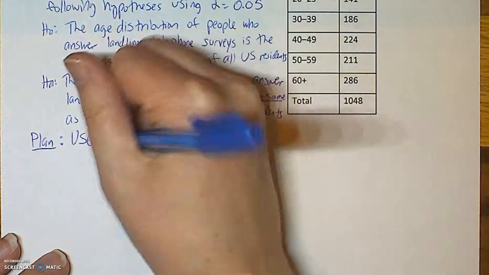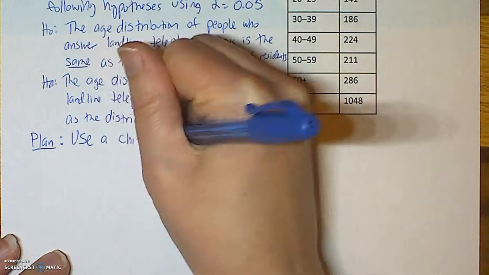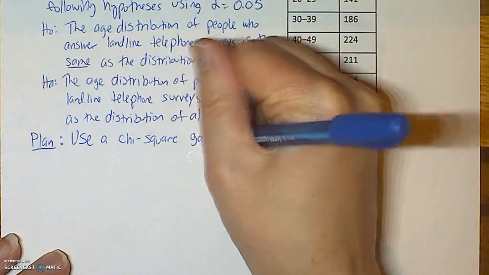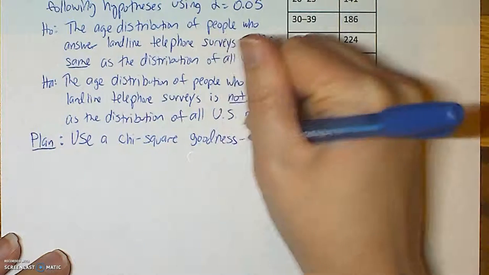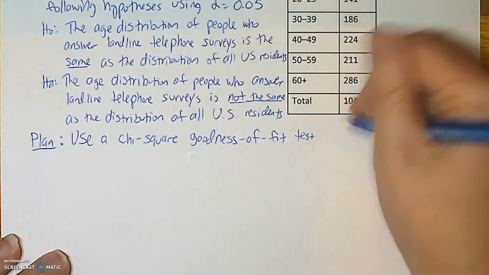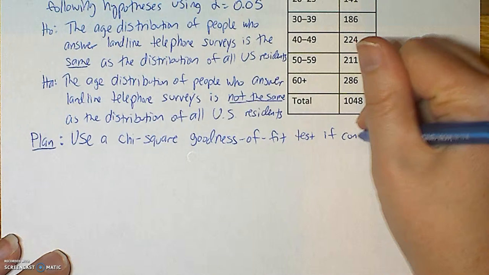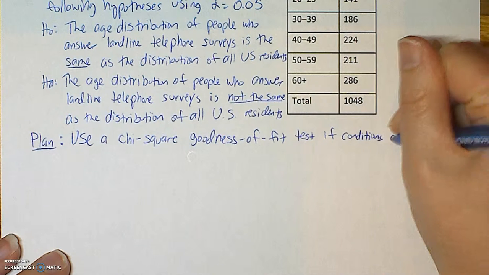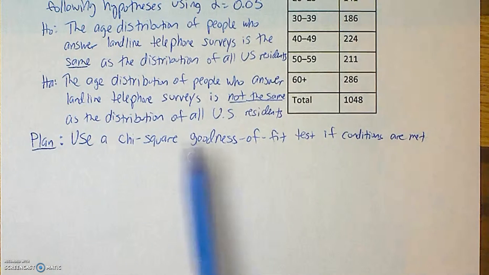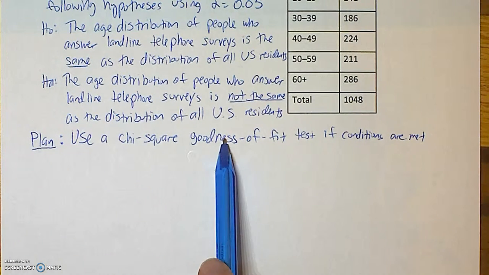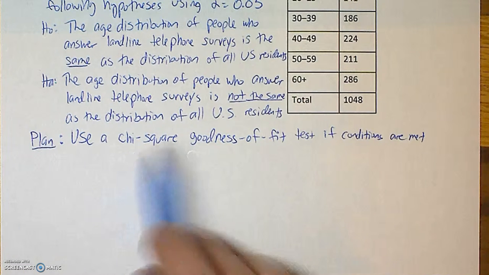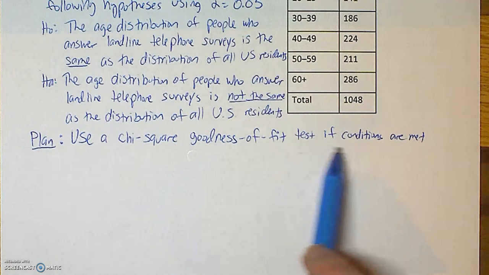So we're going to use what's called a chi-square goodness of fit test if our conditions are met. Now, there are multiple types of chi-square tests. Goodness of fit is the first one we're learning about. So you do need to say not just general old chi-square, but it's a chi-square goodness of fit test.